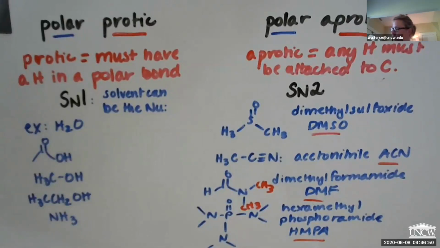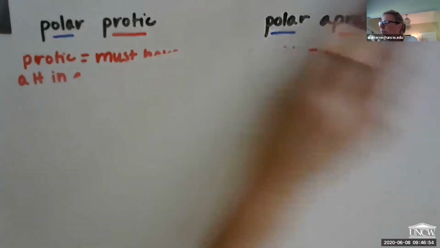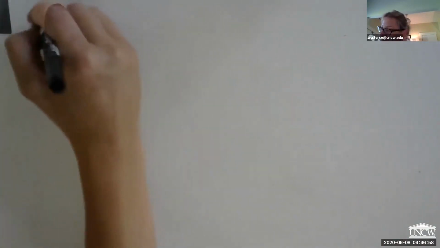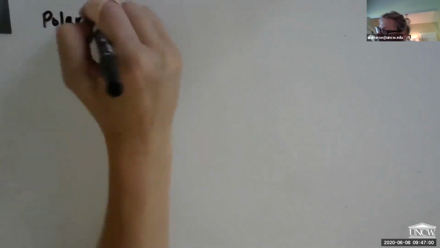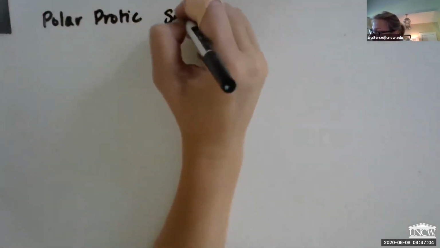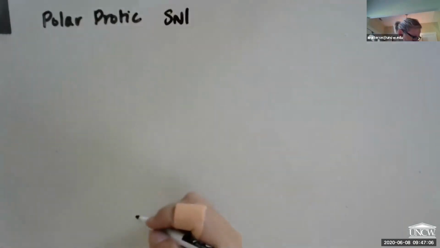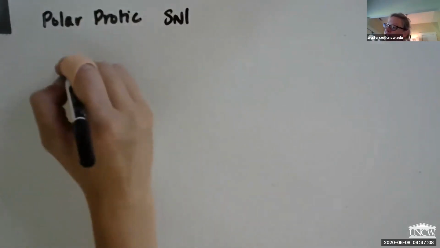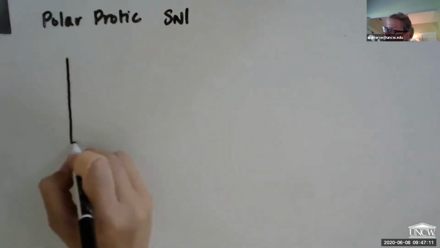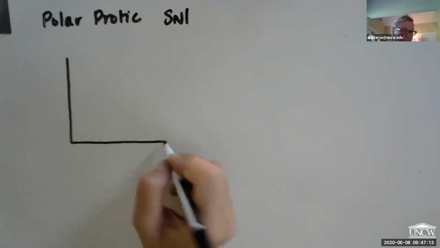We're going to start with the polar protic, which is used in SN1. We'll draw an energy level diagram.